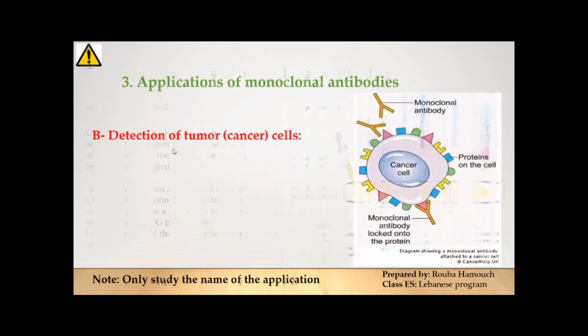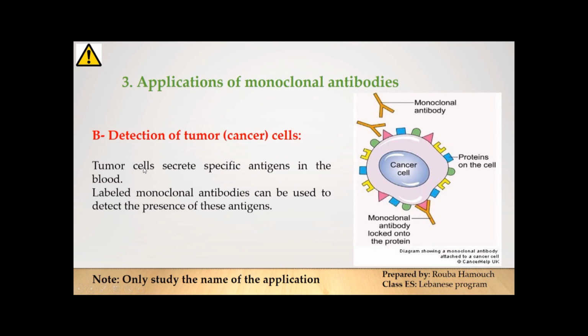Now, the second application that uses monoclonal antibodies is the detection of tumor or cancer cells in tissues. Tumor cells secrete specific antigens in the blood. We can add to a tumor sample labeled monoclonal antibodies produced in the lab and specific for cancer antigens, and the chemical reaction between the monoclonal antibodies added to the tissues makes a fluorescence.